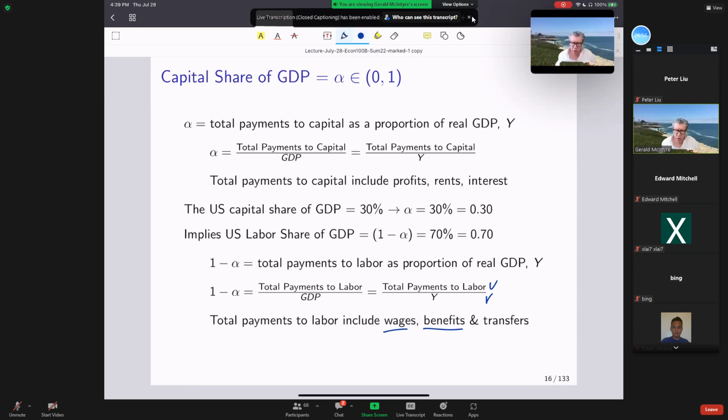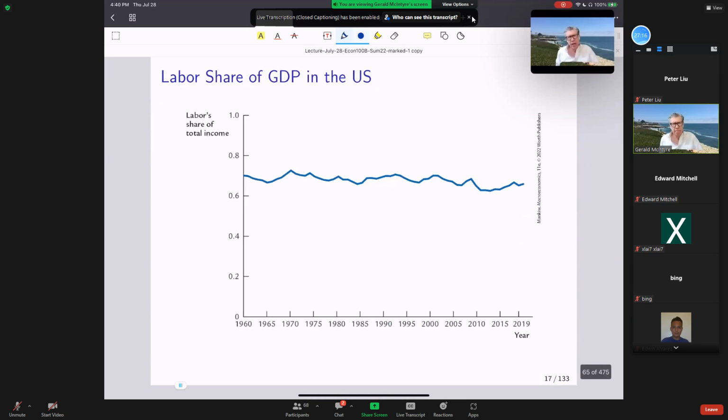Notice also that labor gets the bigger share. This is the capital share. Right? Labor gets more than twice the share of GDP as capital gets. Okay, capital only gets 30%, and labor gets the overwhelming majority. I think most people find that surprising.